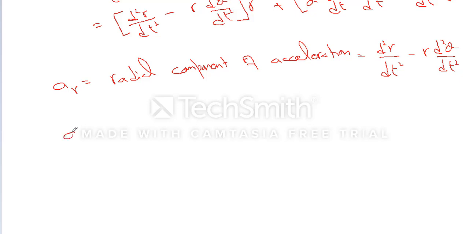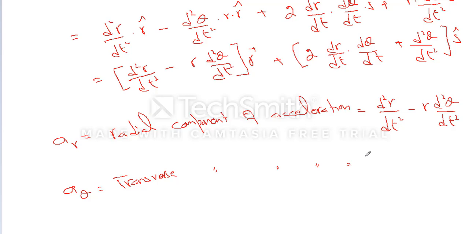Similarly, the transverse component is 2 dr/dt dθ/dt plus r d²θ/dt². So these two are the radial and transverse components of acceleration.